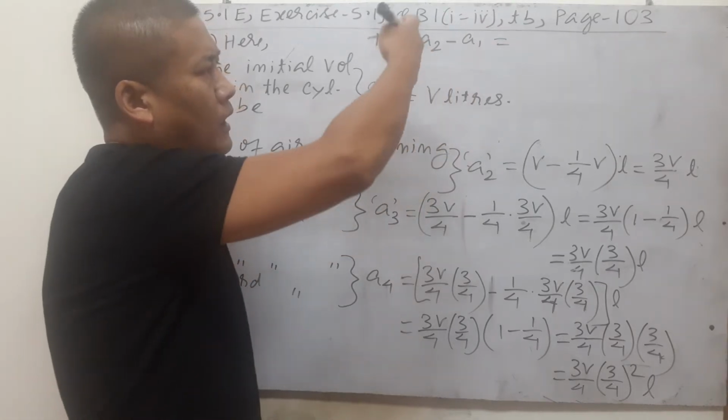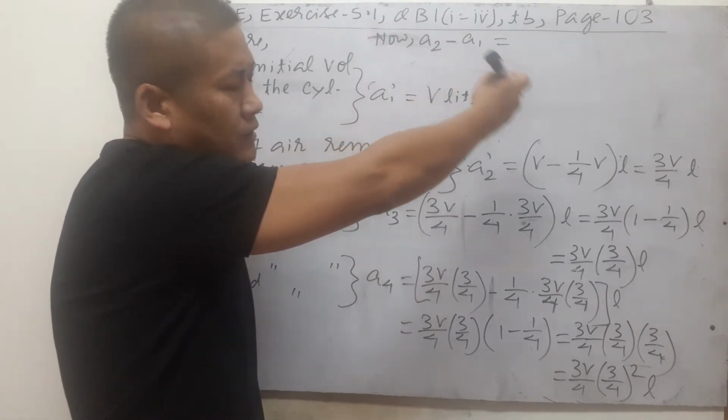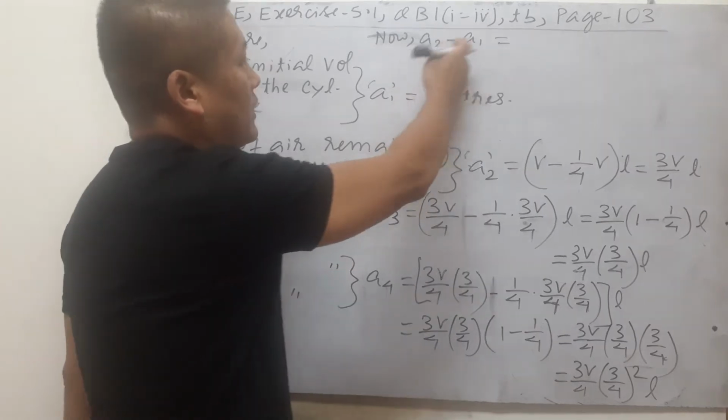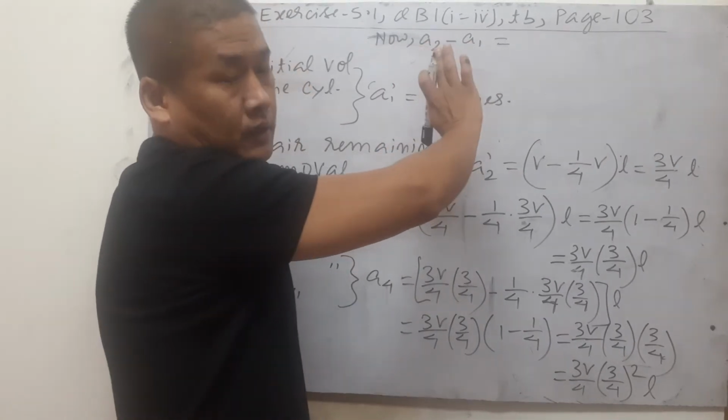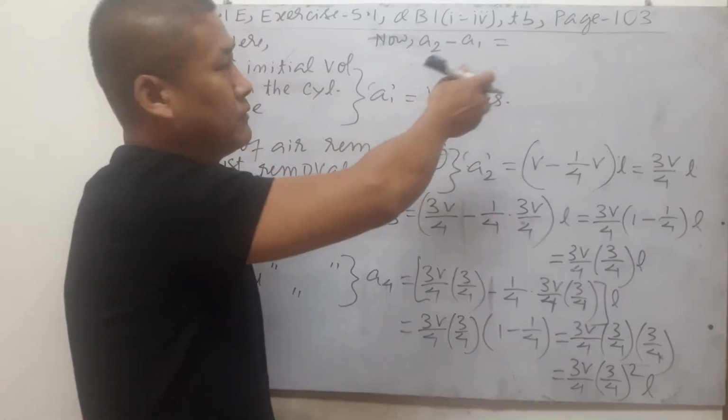Common difference is the higher term minus the immediately lower, consecutive term: A2 minus A1, A3 minus A2. A3 minus A1 is not correct; it should be consecutive.